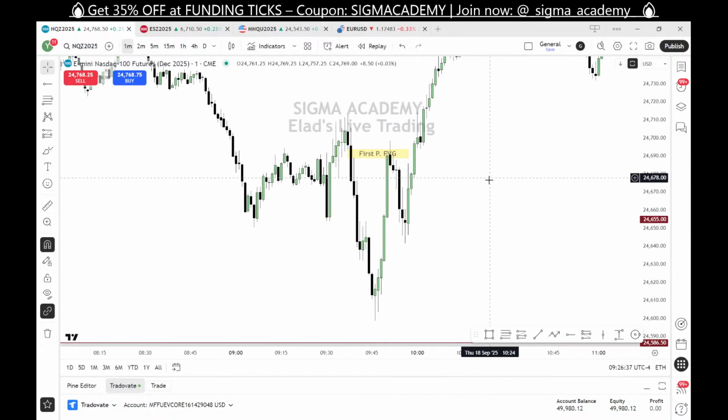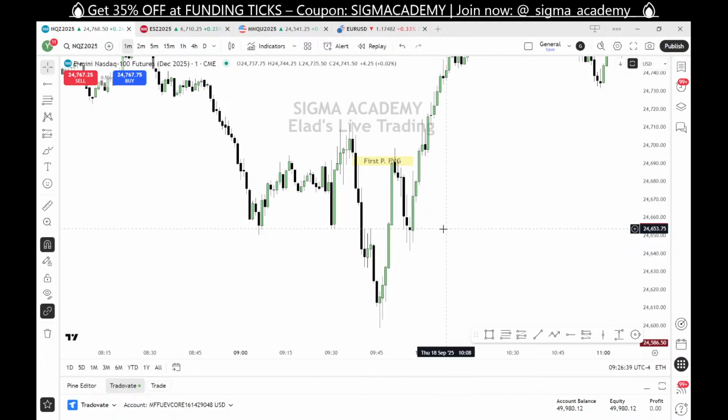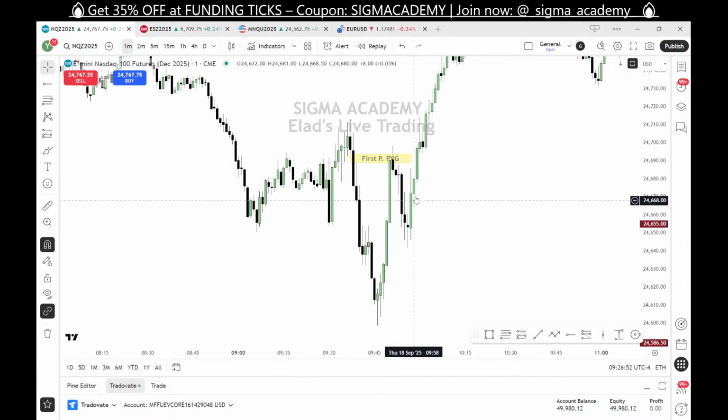Also, what I like to see in price action is down candles supporting price to the upside when we are trending. Up candles support price to the downside when we are bearish, and down candles support price when we are bullish.